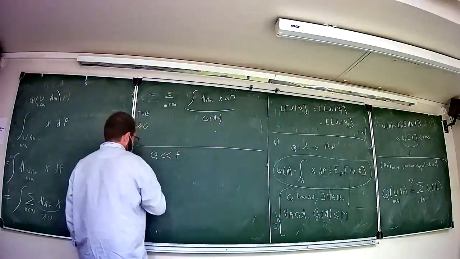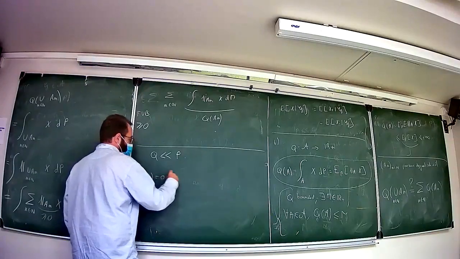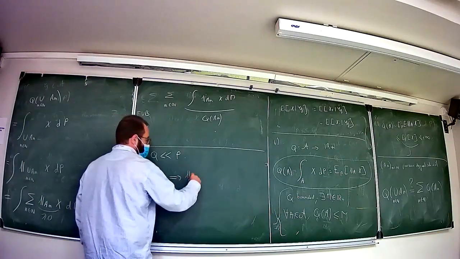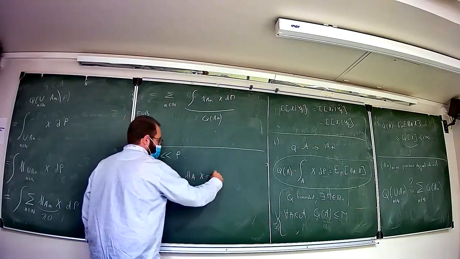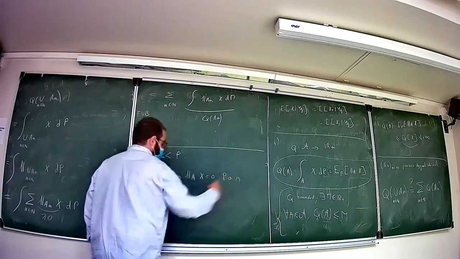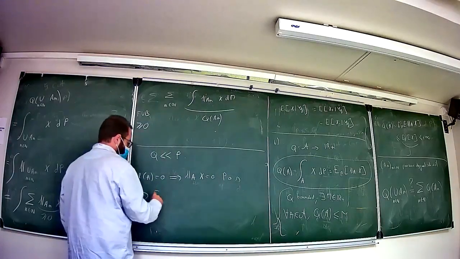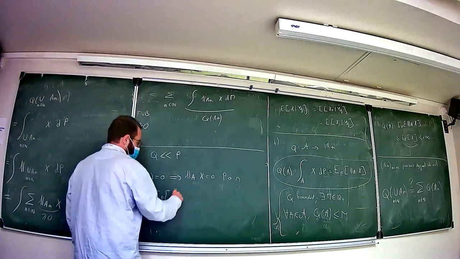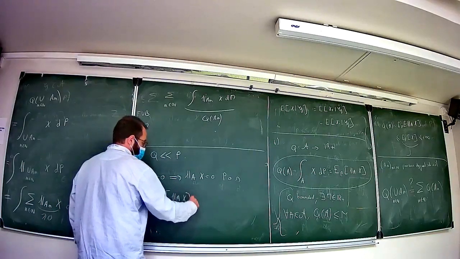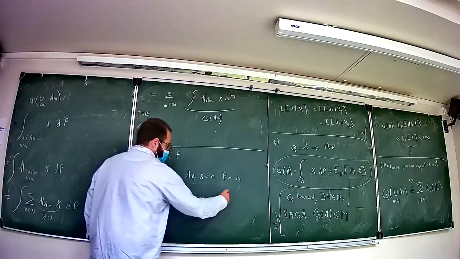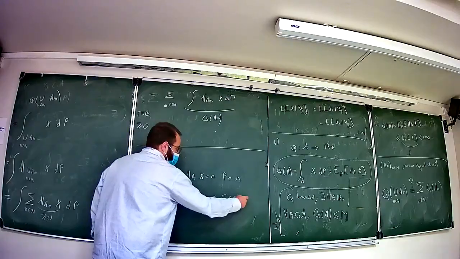P of A equal to 0 implies the indicator function of A times X equal to 0 P almost surely, implying that the expectation under P of the indicator function of A times X is equal to 0, implying that Q of A is equal to 0.